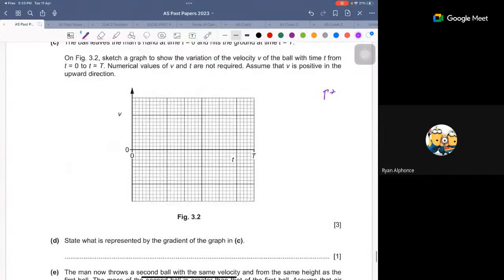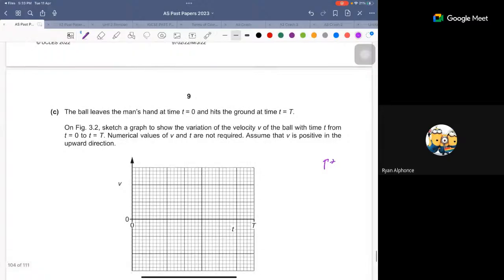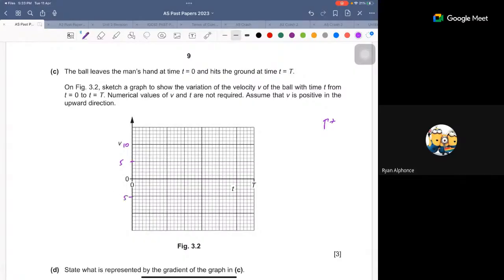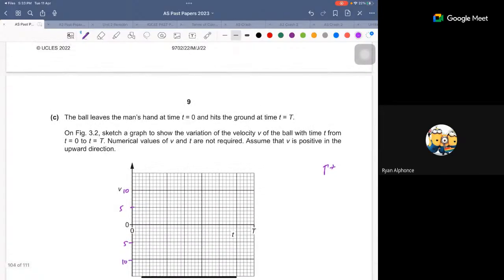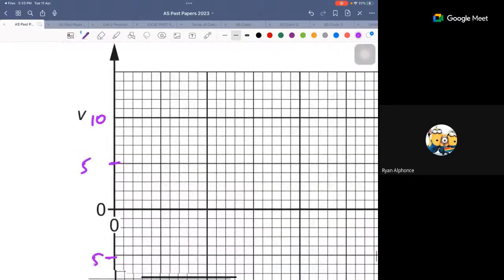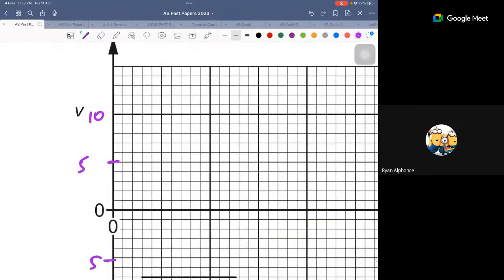So just take it like this. What is the maximum velocity? I don't know. Take 5, take 10. And the time, it says when it leaves and hits the ground at time t. Fine. We don't need time for this. Okay.